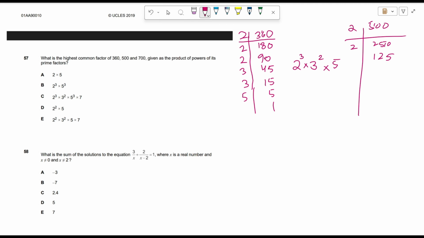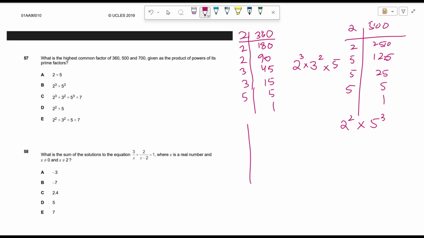So let's apply the 5 table here. 5 2s are 10, 5 5s are 25. Again 5, 5 5s are 25. Again 5, 5 1s are 5. So how many 2s? 2 power 2, 5 power 3, right? Now we are supposed to find for 700.